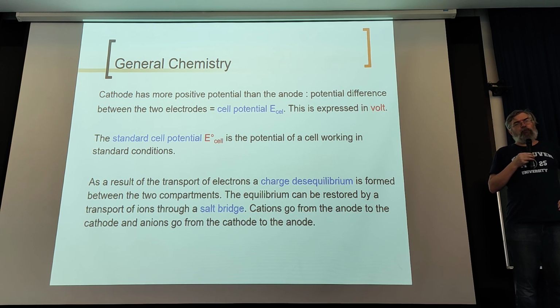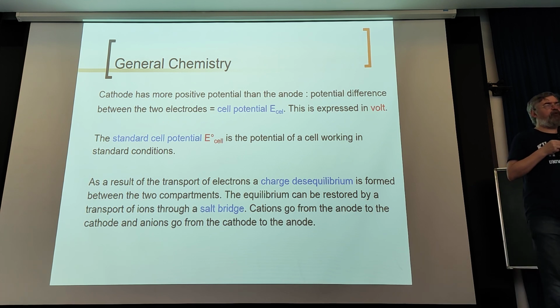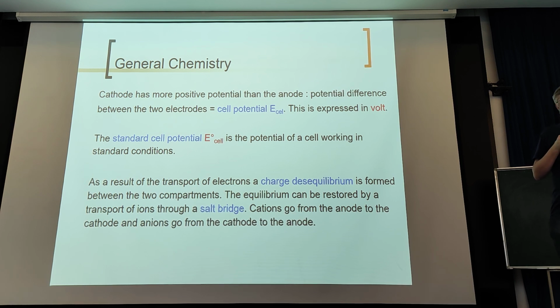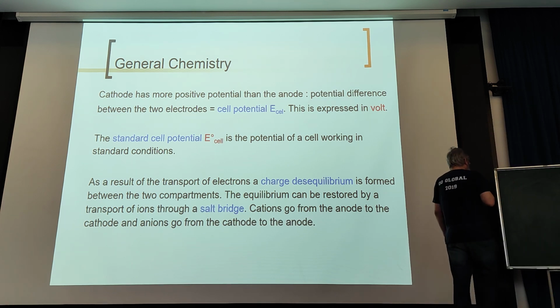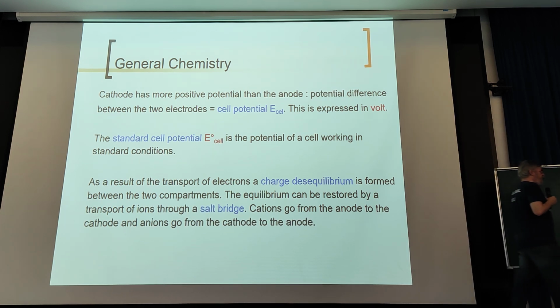The temperature normally is changeable, but the data that you find in the table for the standard reduction potentials are all at room temperature, 25 degrees Celsius, 298 kelvin. It's important because you will see that it's related to free energy, so that means it's actually also temperature dependent.